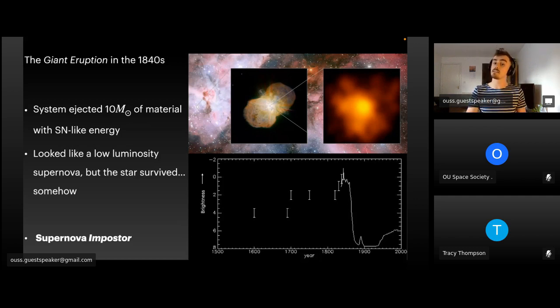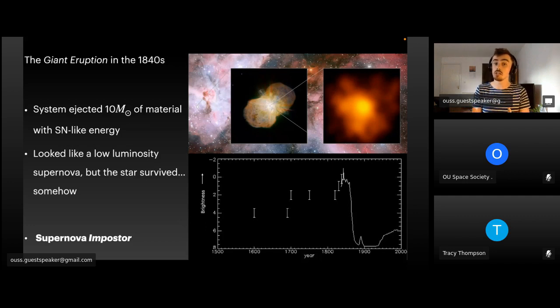So unlike 87A, where we can actually see that the star is in fact gone, in this case we know that the star is still there, and something caused it to release roughly 10 times the mass of the sun into this strange shape with a supernova-like energy. So something similar to 87A, but the star has survived.